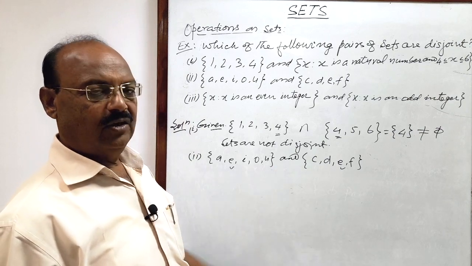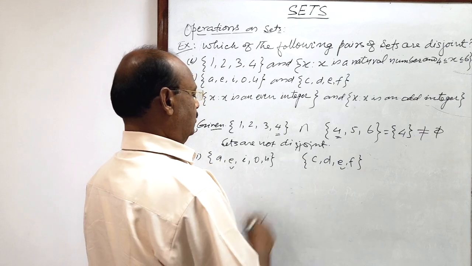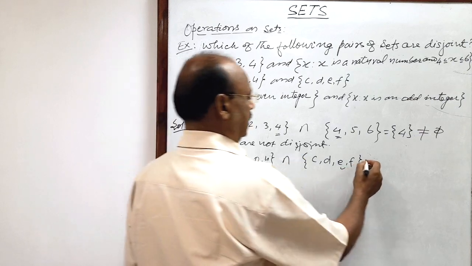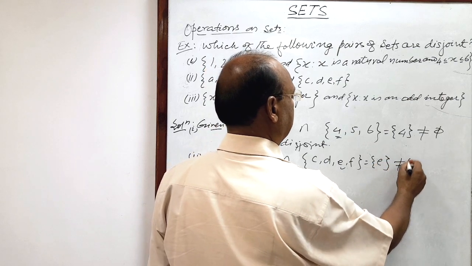Again, the intersection of these two sets is not a null set. The intersection is a set having element E. This is not a null set.